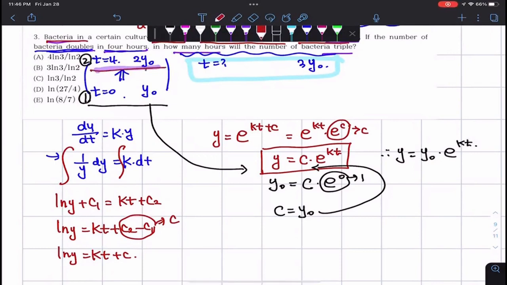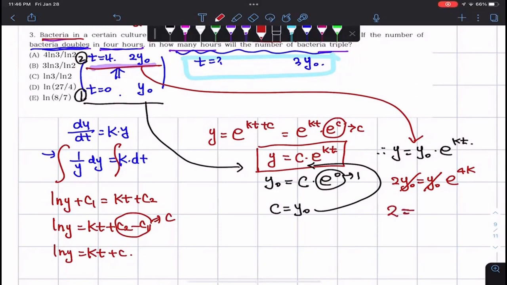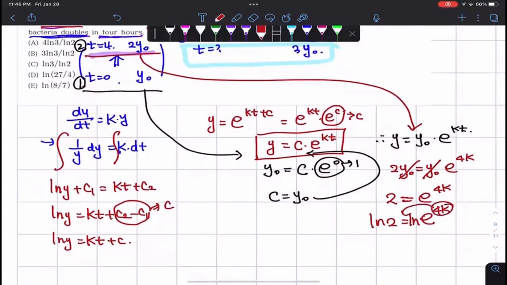Let's use the second assumption. Plug in this value: 2 times y0 equals y0 times e to the power of 4k. Divide by y0 on both sides, so 2 equals e to the power of 4 times k. Apply ln, folding down the exponential: ln 2 equals 4 times k, since ln e is 1.